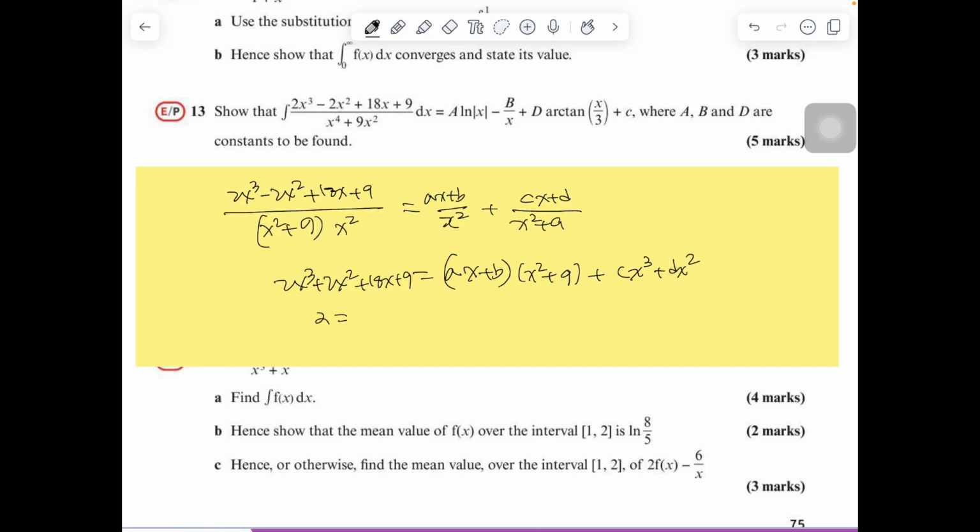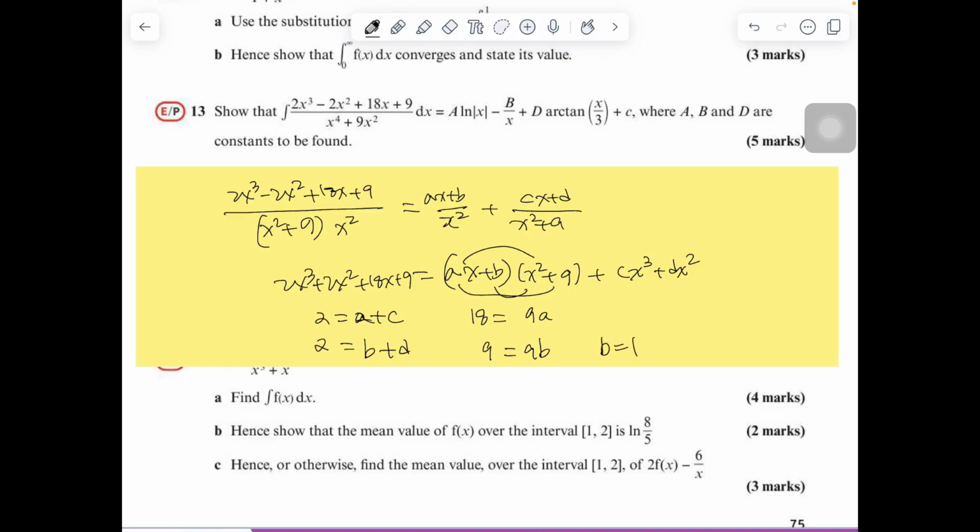So here, 2 equals a plus c, because of the 2x cubed term. For x squared, 2 is b plus d, so b only. Then 18 is 9a, and 9 becomes 9b, the constant term.